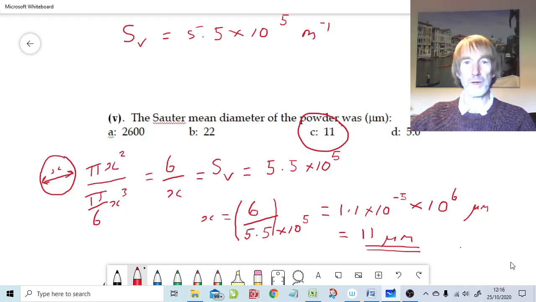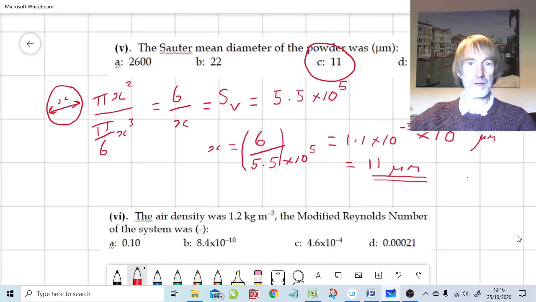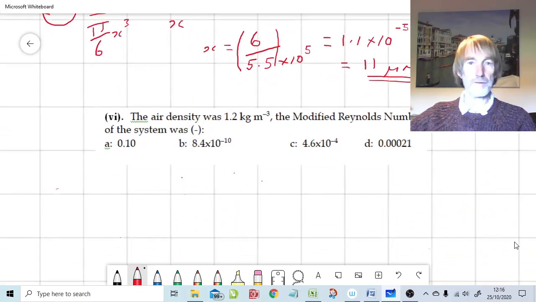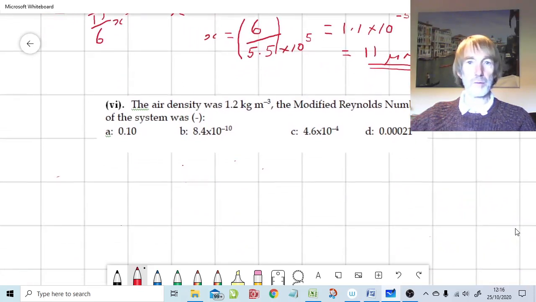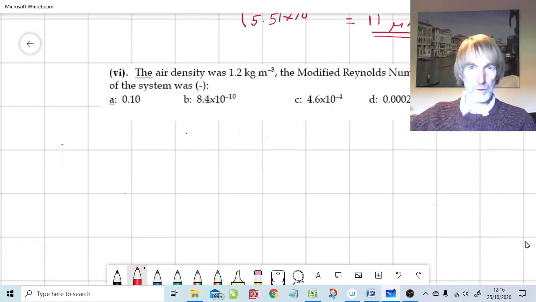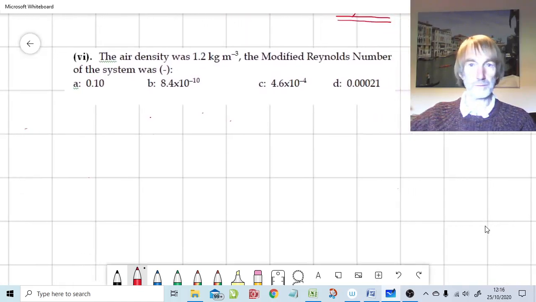But we're by no means finished, because we need to check that the Kozeny-Carman equation is valid. And whenever we have a flow problem, we have to decide, is it laminar, is it turbulent, and we go for a Reynolds number to help us with that decision. So a Reynolds number is always the ratio of inertial and viscous forces. That's generally true.